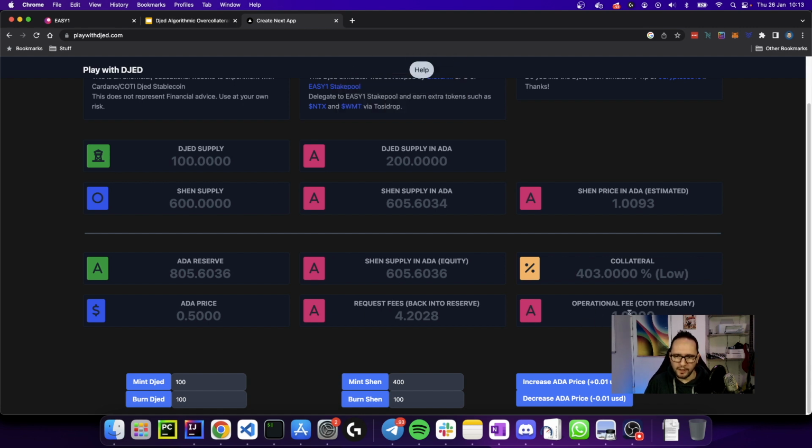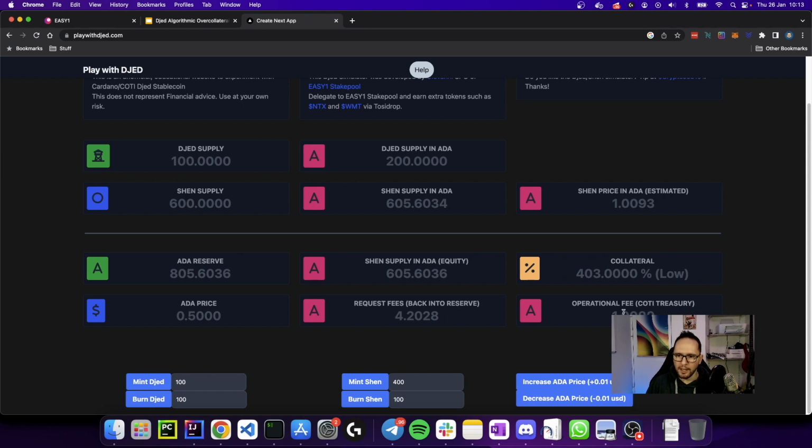The operational fees are the fees that are paid to the COTI treasury, and COTI gets some fee only when we mint and burn Djed, not when we mint and burn Shen. When we mint and burn Shen, we only pay request fees. When we mint and burn Djed, we pay both request fees and operational fees. Request fees go into the reserve.